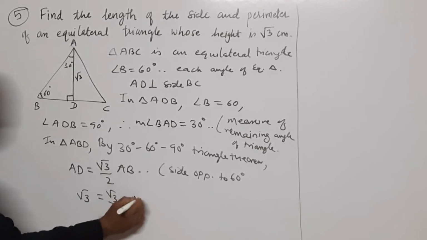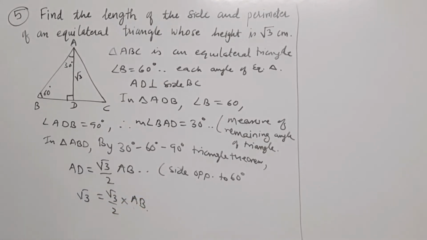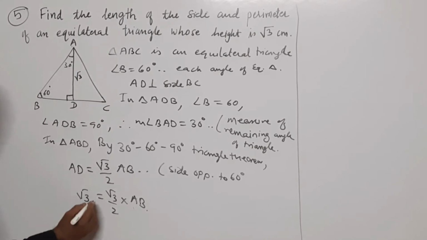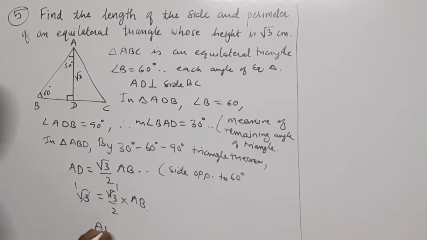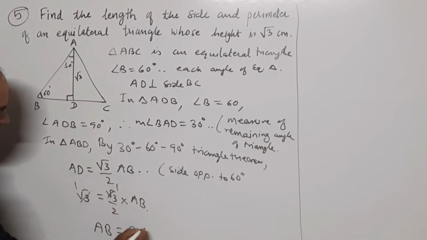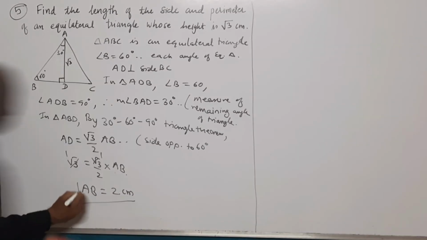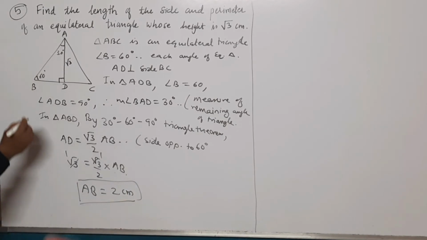Therefore, from both sides root 3 will get cancelled, and side AB is equal to 2 centimeter. Length of side AB is 2 centimeter.